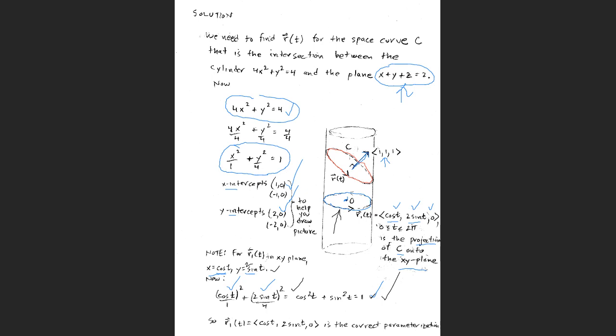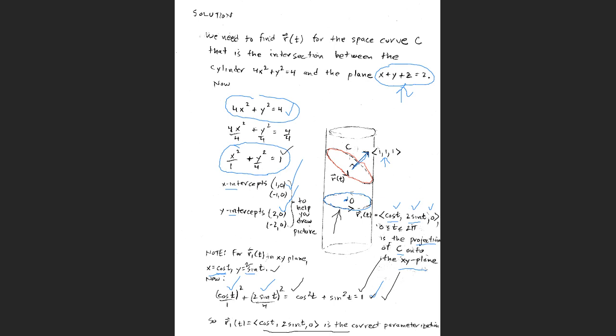And by letting x equals cosine of t and y equals 2 sine of t, they do, because the left side will equal the right side, which is a 1, and it has to be a 1. So that means this is the correct parameterization for that R1 of t.